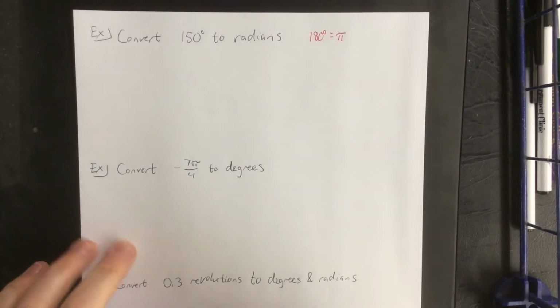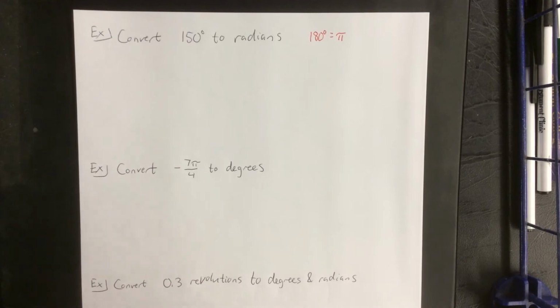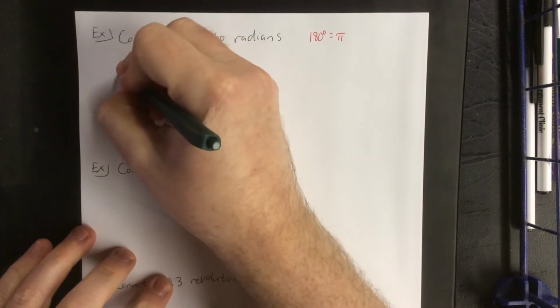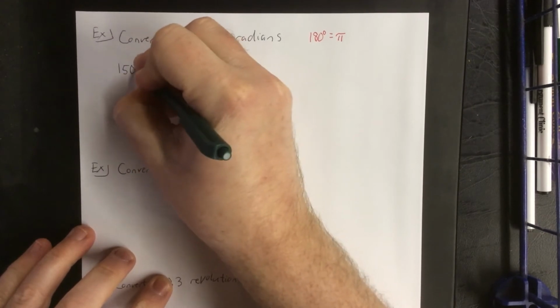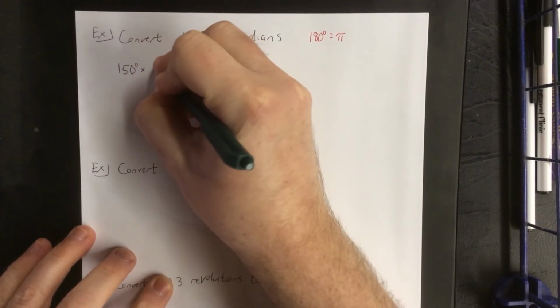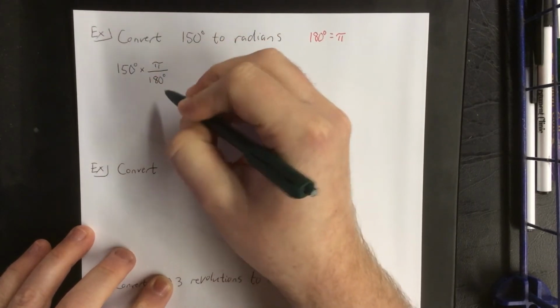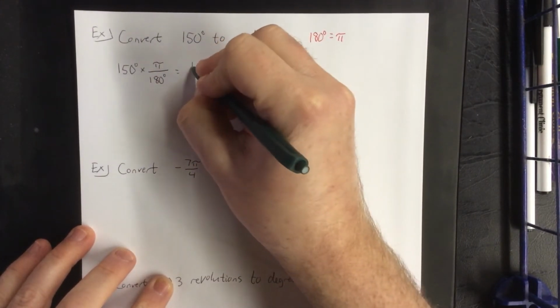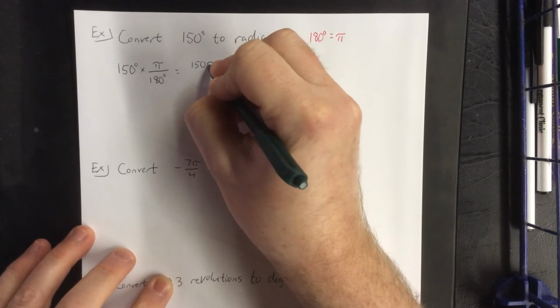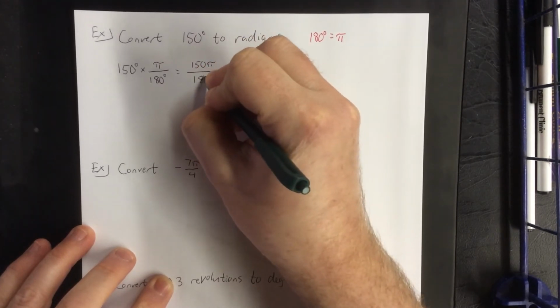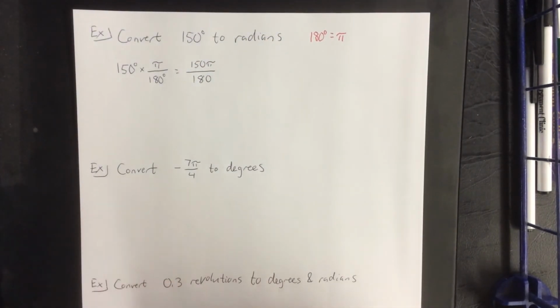We're going to use the same principle as before. Multiply by the units that we're converting to, divide by the units we're converting from. So 150 degrees times, we're converting to radians, so radians goes on top, degrees goes on the bottom. Now we can interpret 150 as 150 over 1 and call this 150 pi over 180.